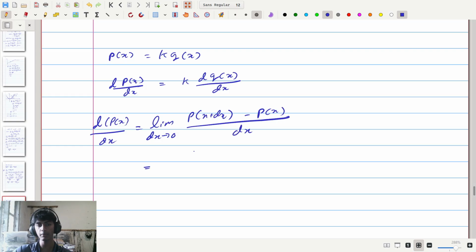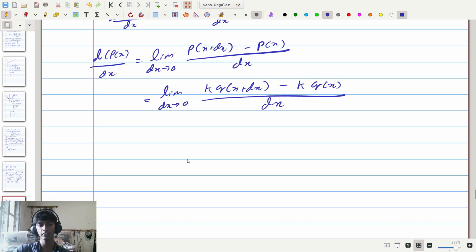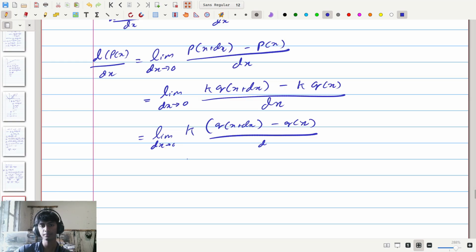So this is going to be equal to the limit as dx approaches 0 of, substituting p of x plus dx as k times q of x plus dx, k times q of x plus dx, minus, substituting p(x) as k times q of x, k times q of x, and then that divided by dx. Here we can factor out this constant k and write that this is equal to the limit as dx approaches 0 of k times this whole thing of q of x plus dx minus q(x), all divided by dx.